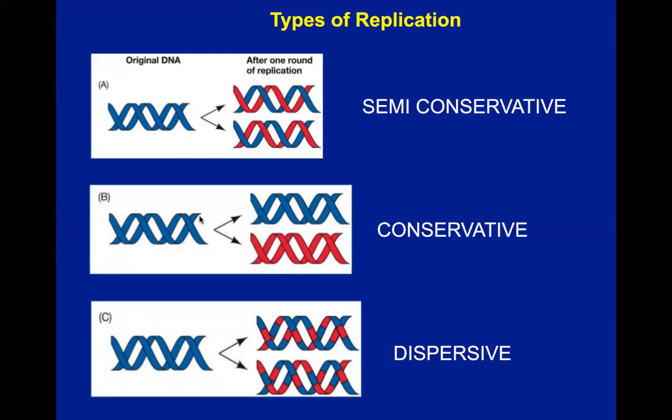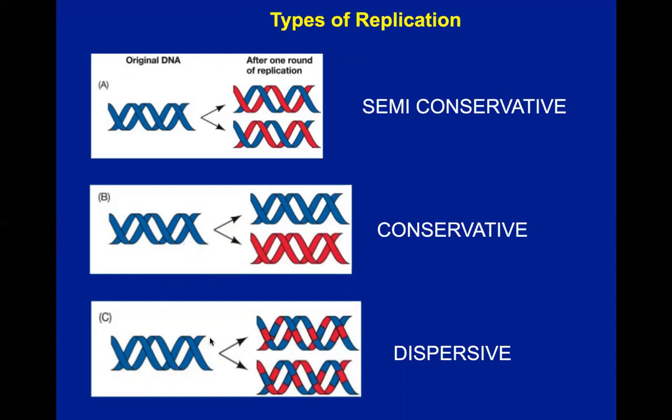Conservative means after the end of replication, the two strands of parental DNA reunite, forming the parental DNA, and newly synthesized DNA strands join together, forming the daughter DNA. So here the parental DNA is conserved. This is conservative DNA replication.